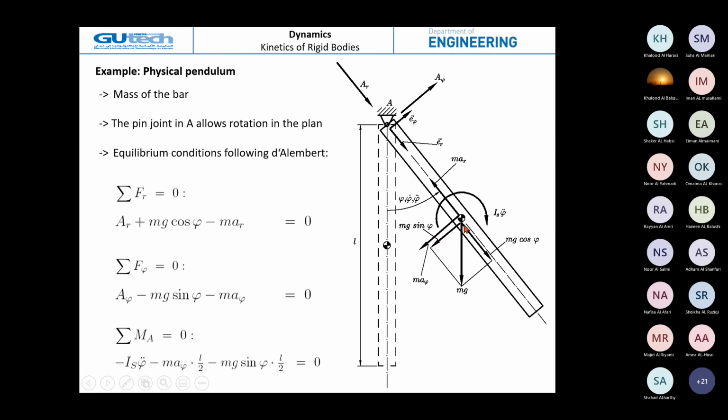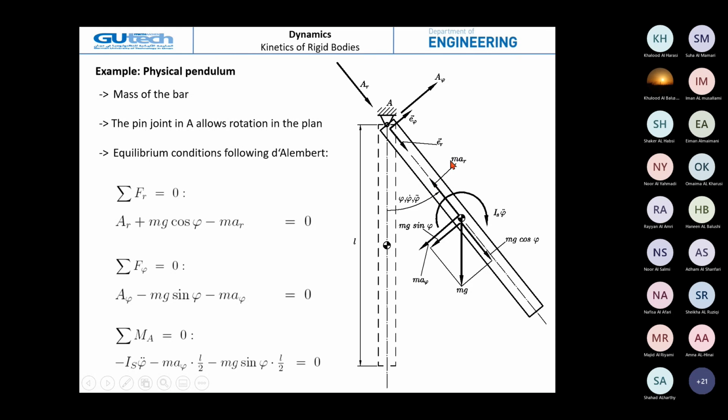We have here the inertia force m multiplied by the acceleration along the circumferential direction, and we have also m multiplied by the radial acceleration, a_r.